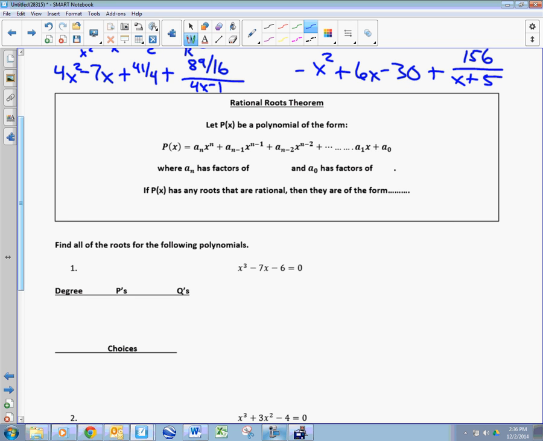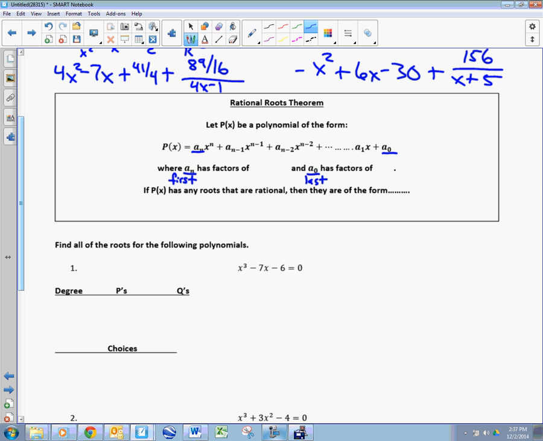So we use the rational roots theorem. Let the polynomial be of this form, meaning we start with x to the nth, then x to the n minus 1, x to the n minus 2. We simply write it in descending order. A sub n is the first coefficient. A sub 0 is the last coefficient.